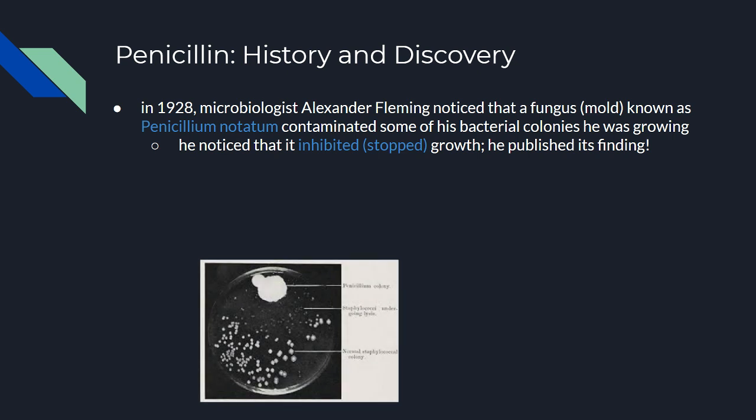So here I look back at his original notebook, and here's a petri dish. For those of you who remember doing this your freshman year, at the top is the Penicillium species, and then on the bottom was his research, his other bacteria species.